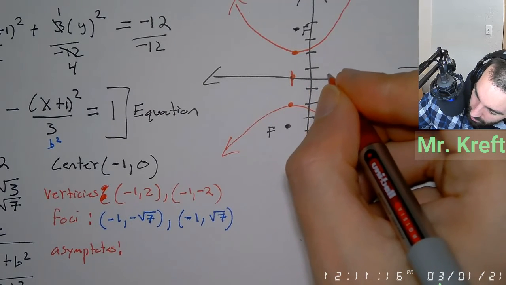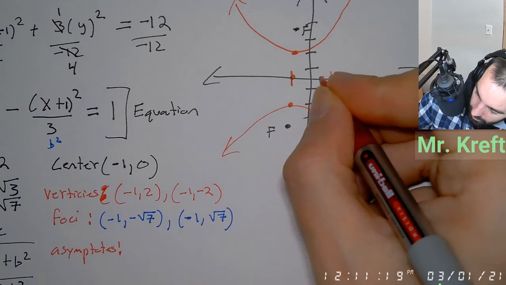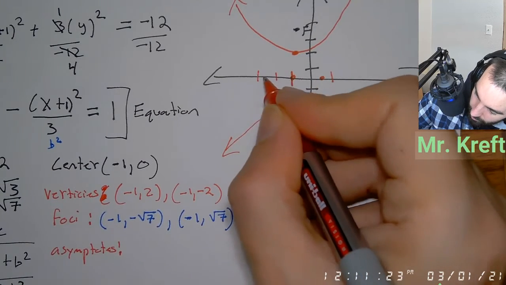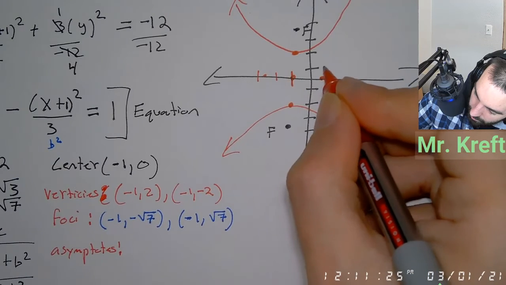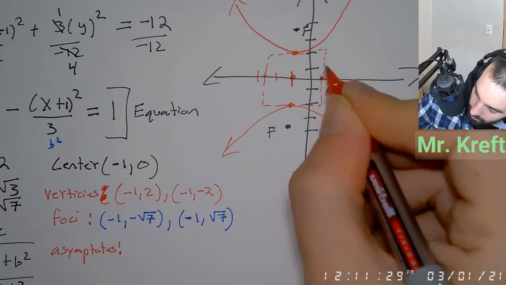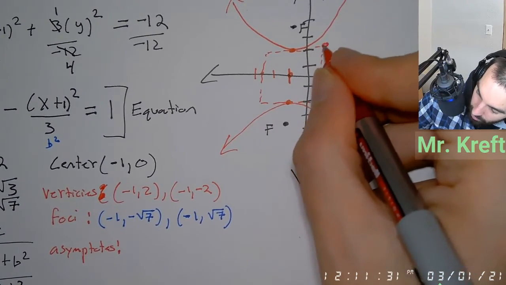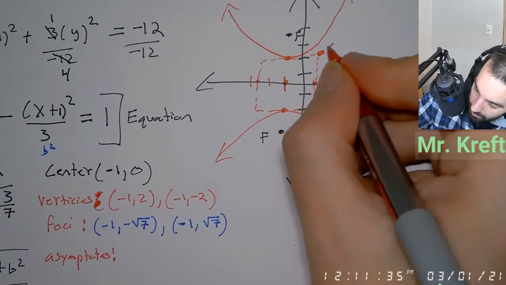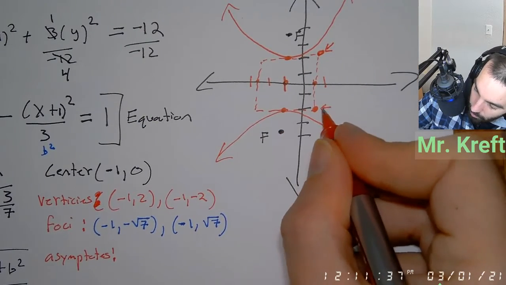So 1, 2. So it's like here. So 1. So it's like right here. Again, I like to pick the points to the right because it makes it a lot easier for me. So I'm going to find this point and this point.